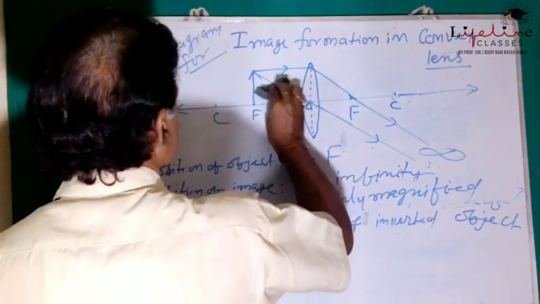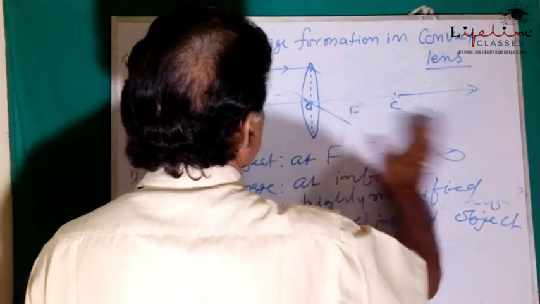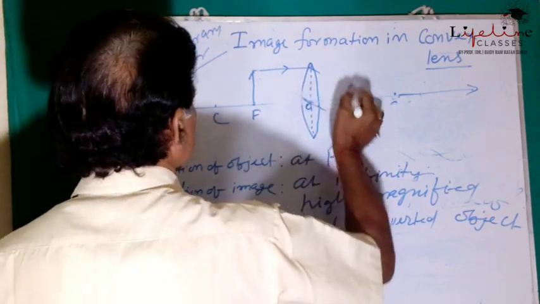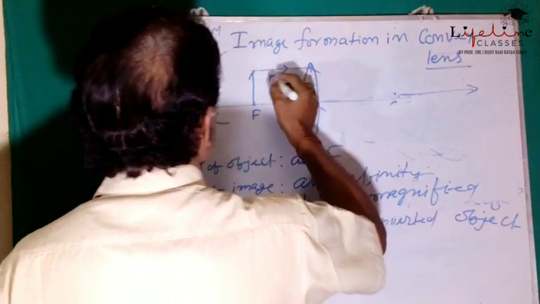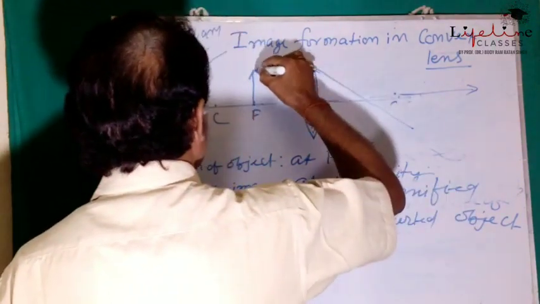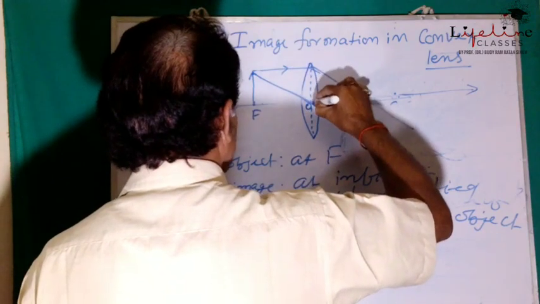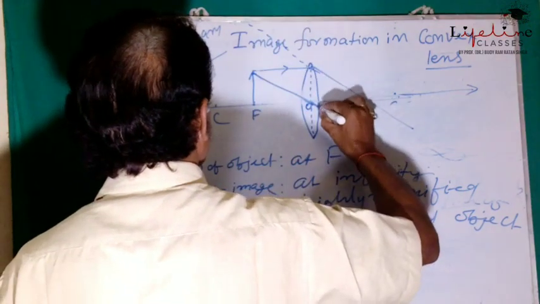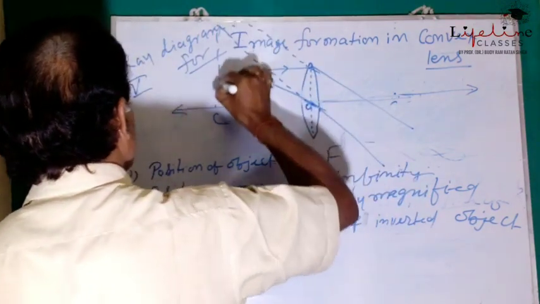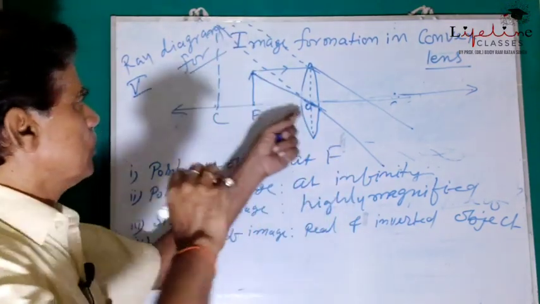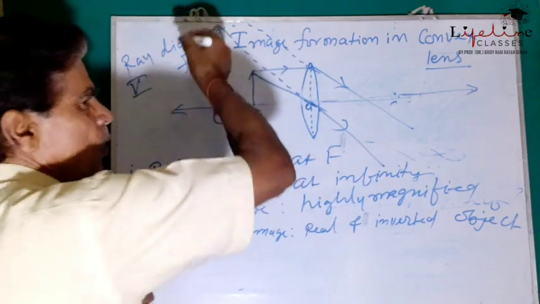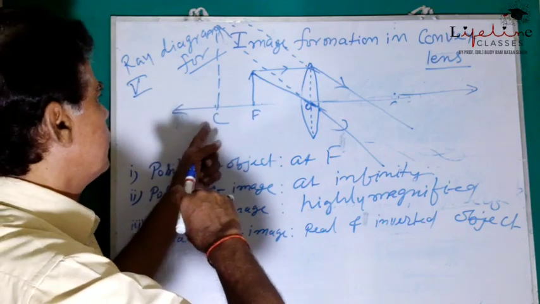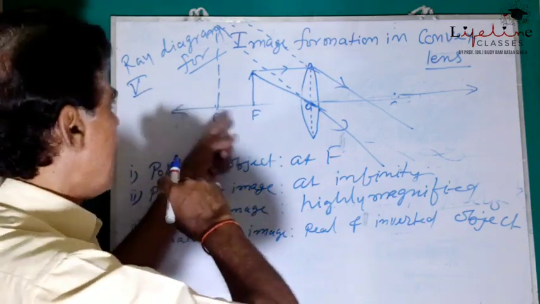Let us see here. Means when these refracted rays are extrapolated in backward direction, they form a virtual and erect image behind the object.